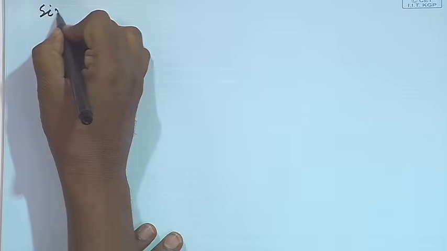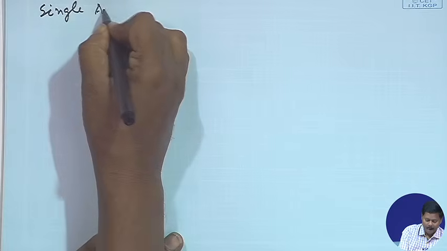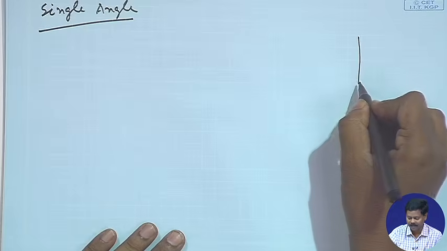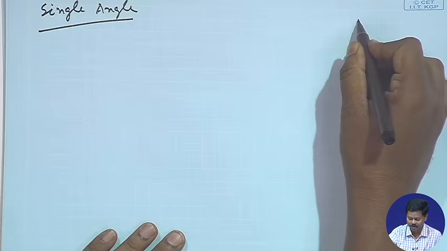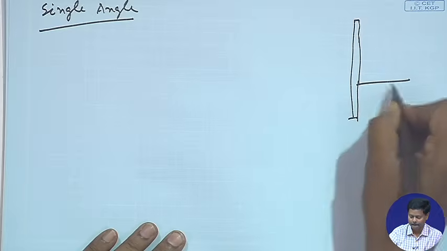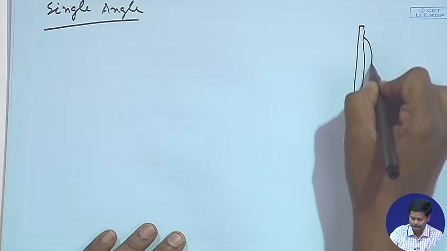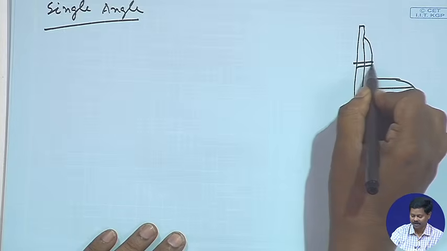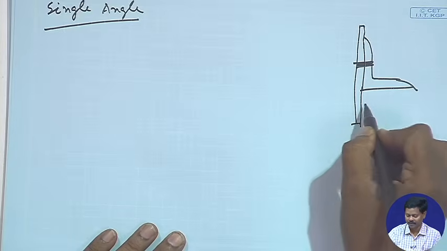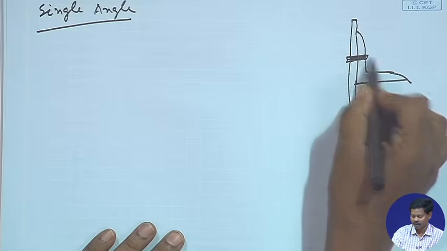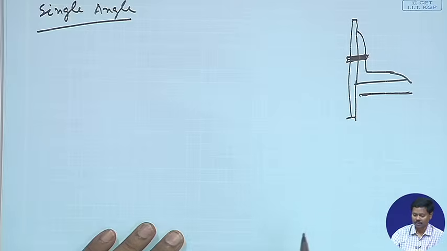Similarly, for an angle section, say a single angle: as I told, if it is connected to a gusset plate or some other member, then the shear lag effect will occur, because this portion is not connected.